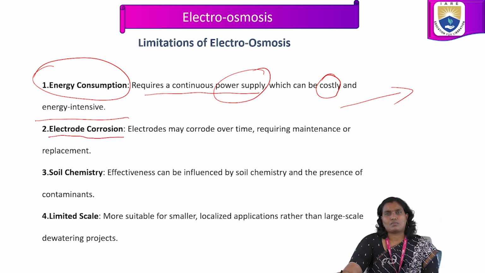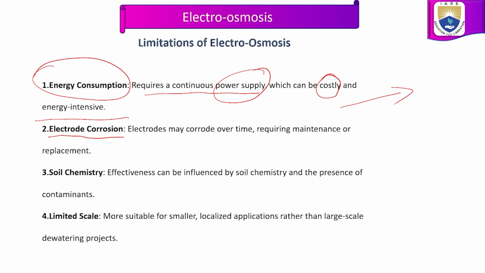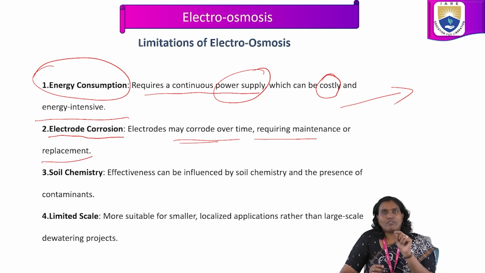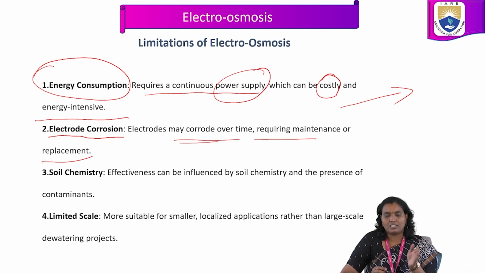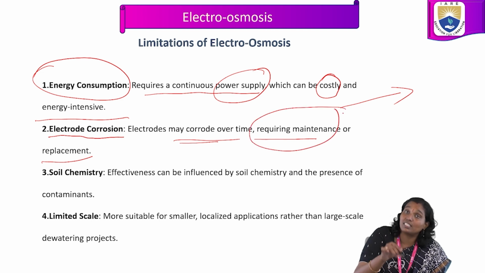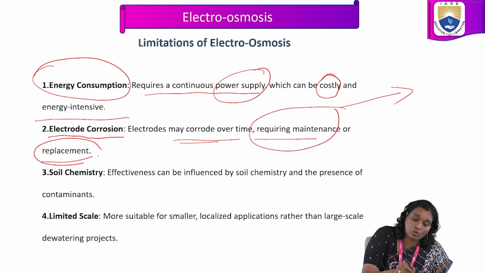And the next one is electrode corrosion. In this, the electrode may corrode over time, requiring maintenance or replacement. So whenever we are using these electrodes, after some time it requires maintenance, or sometimes it has to be replaced.